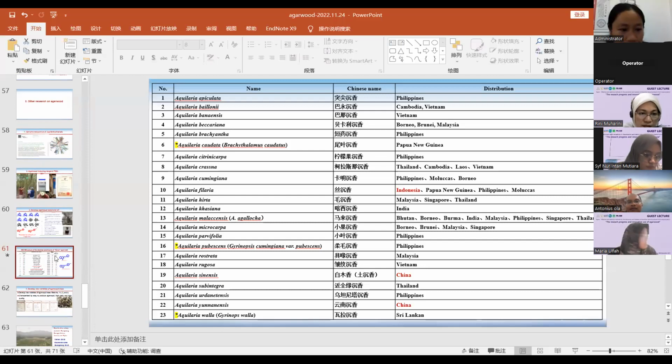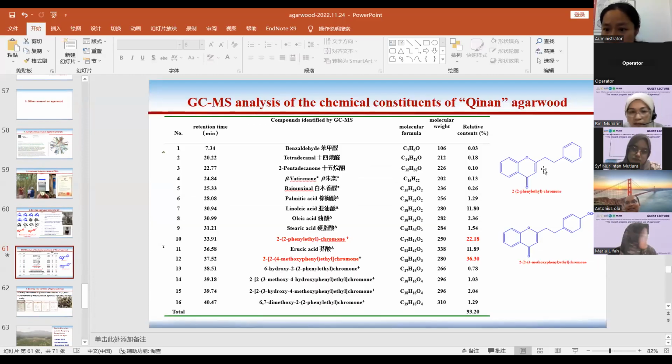Here. Can you see me? Yes, I can see. Two structures. Actually, we have also obtained the pure compounds already. These two compounds have smell.